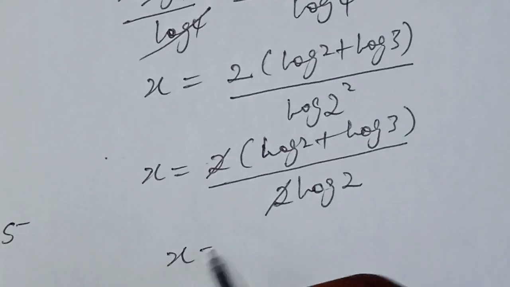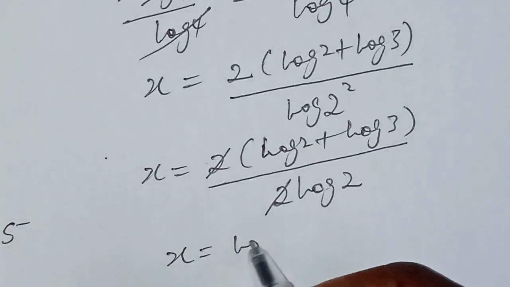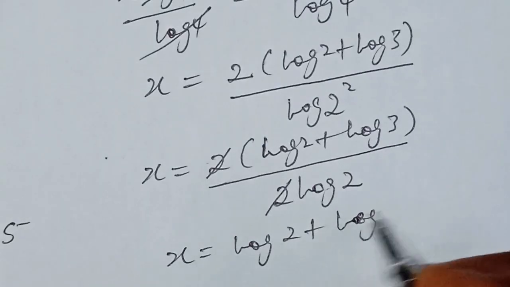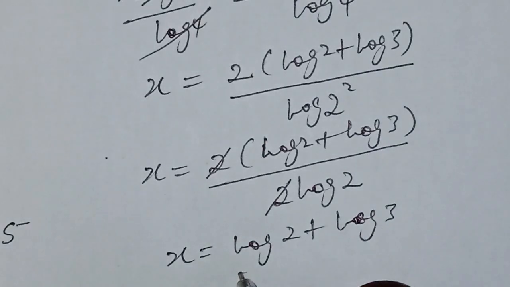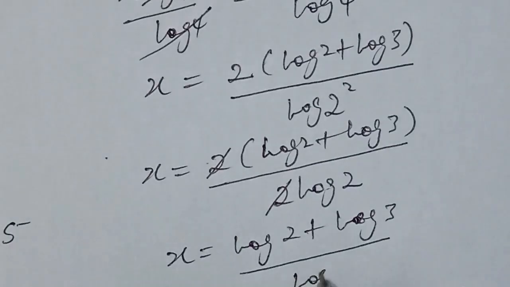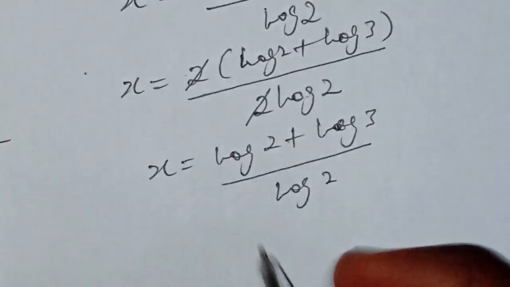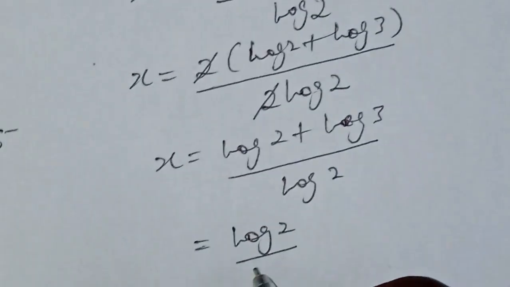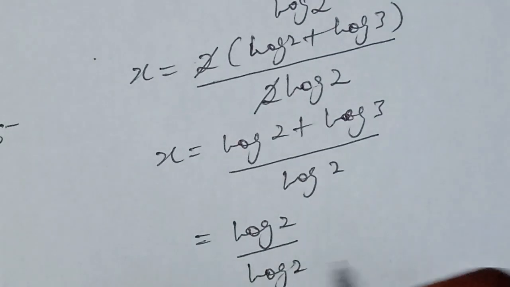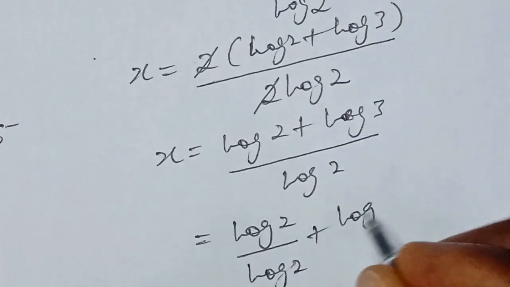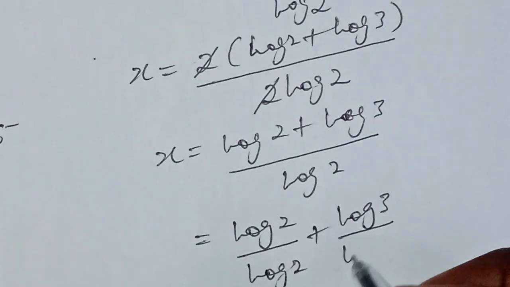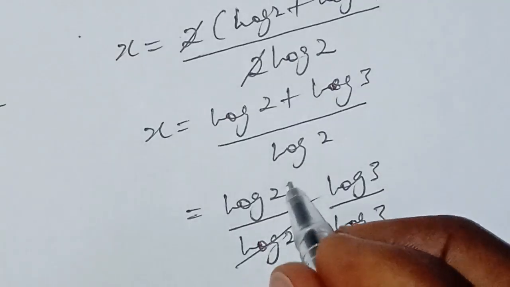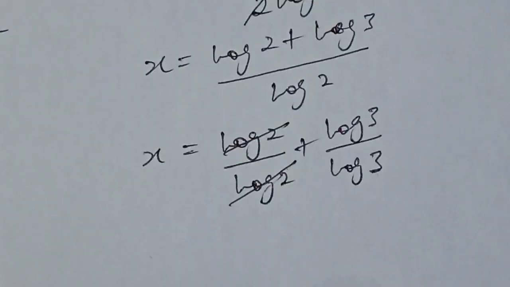So x will now be equal to log 2 plus log 3 over log 2. Which can simply be written as log 2 divided by log 2 plus log 3 divided by log 2. So this log 2 cancels out this log 2. That's our x.